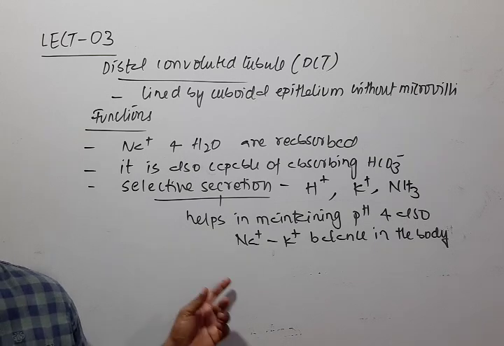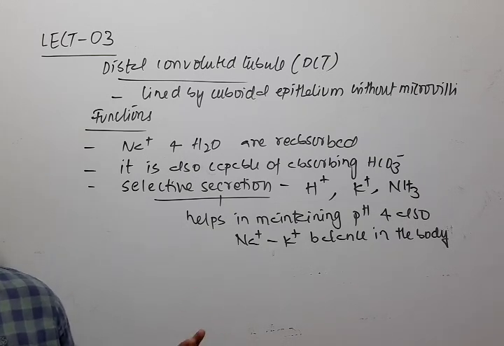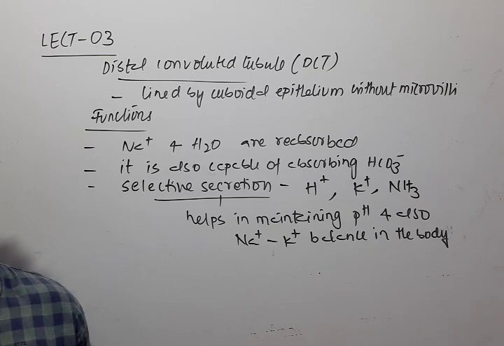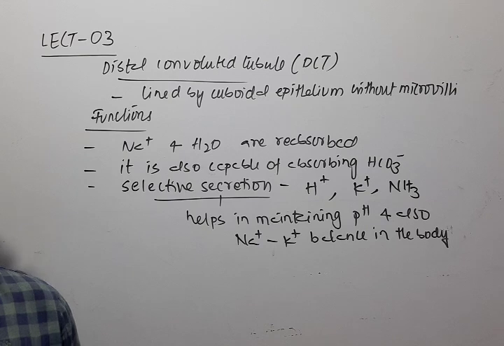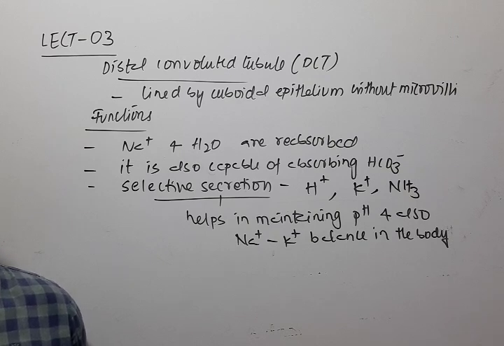This will actually help in maintaining the electrolytic balance in the body fluids, and also the water balance. If there is already enough water in the body, then water will be released outside in the form of urine, so the person will have diluted urine.